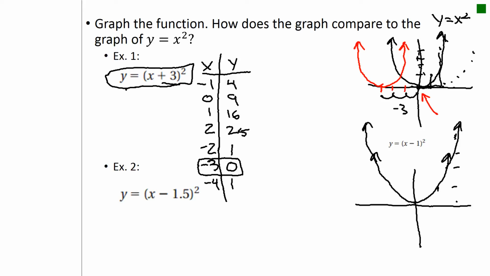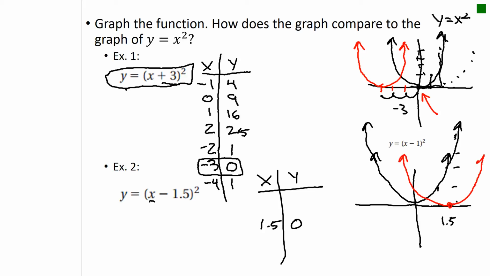But now with a -1.5, if I was to use a table of values, I can anticipate trying to make 0 by just starting with 1.5. 1.5 minus 1.5 makes 0, and 0 squared is 0. And so moving this over by 1.5 is what would be required to find the new point for this vertex.